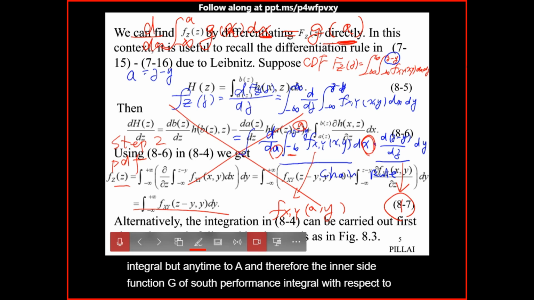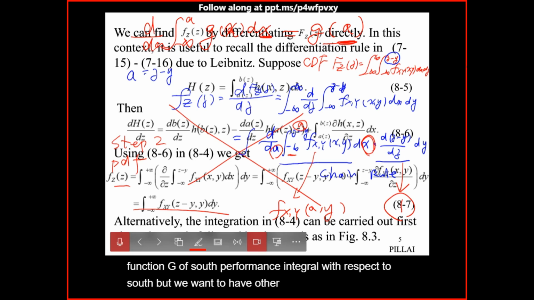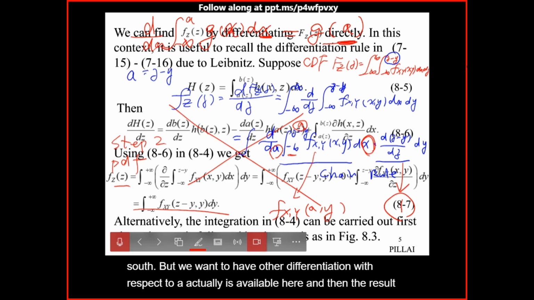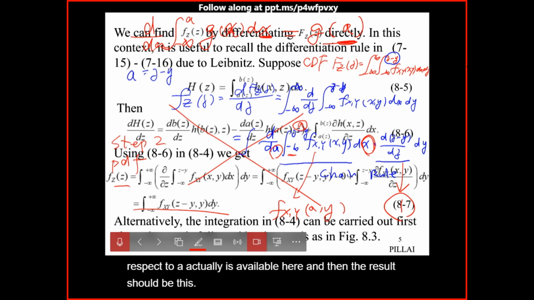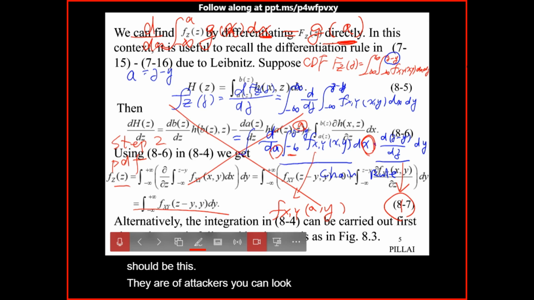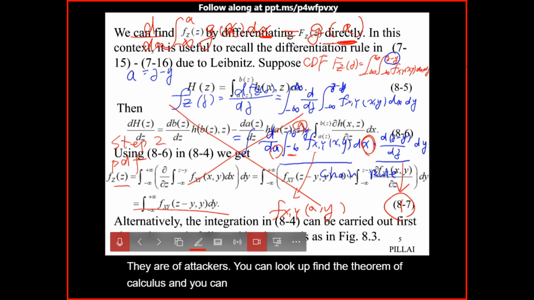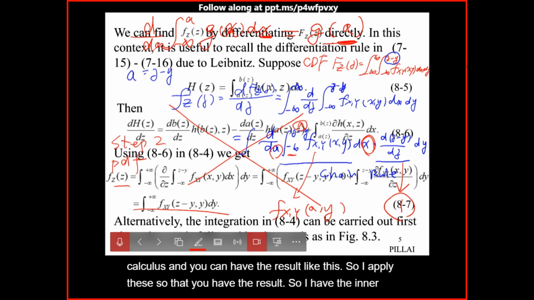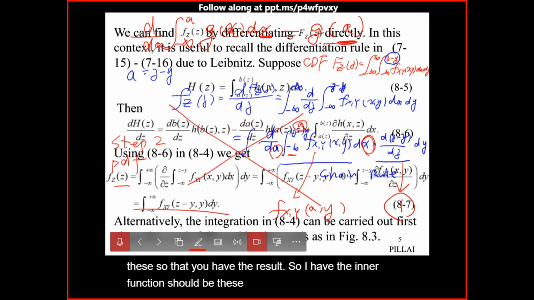But we want to have the differentiation with respect to A. A actually is a variable here. And then the result should be this. Fundamental theorem of calculus. You can look up the theorem of calculus, then you can have the result like this. So I apply this so that you have the result. Right now, the inner function should be this, and the variable s should be replaced by the variable z minus y.